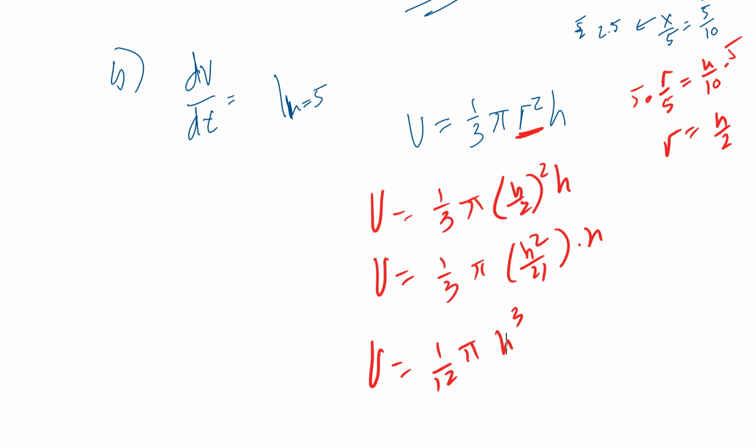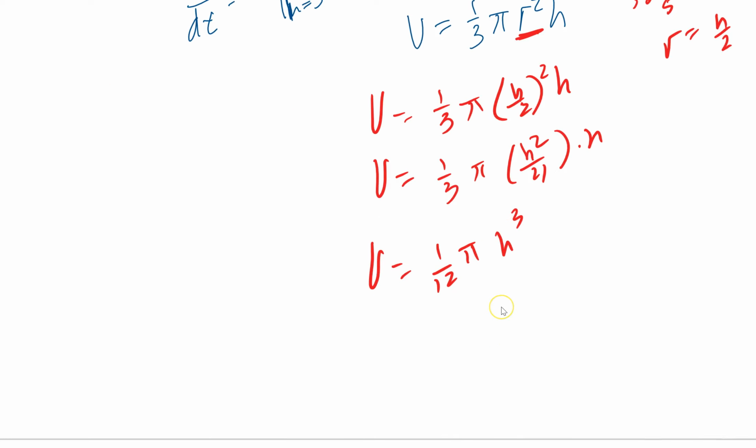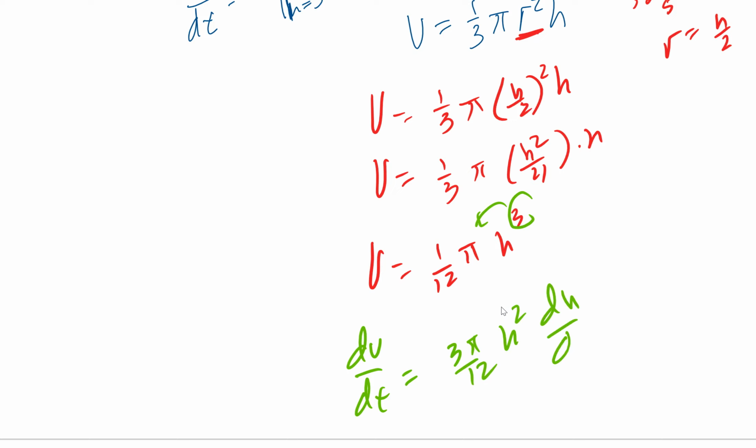And now I can take the derivative of this. If I take the derivative, I'm going to get dV/dt and a dh/dt, and that's all I have. The derivative of this side is easy, dV/dt. The derivative of this side is a basic derivative: bring the 3 down, subtract 1 off. So I get 3 pi over 12 h squared dh/dt.